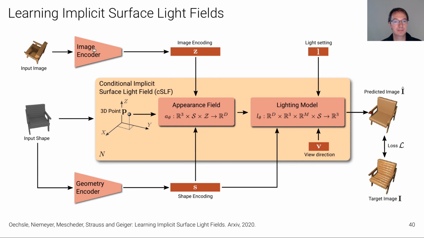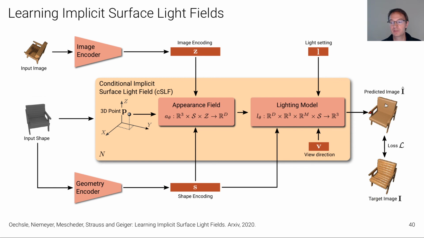What we have here is, again, an image encoder, which produces an image encoding C, a shape encoder that produces a shape encoding S, and then we have what we call an appearance field that takes a 3D point and the shape and image encoding and produces something that's a little bit like a material representation for each of these 3D points. And then we have a lighting model that takes this material representation and a view direction and a light setting and predicts the color at the particular 3D point.